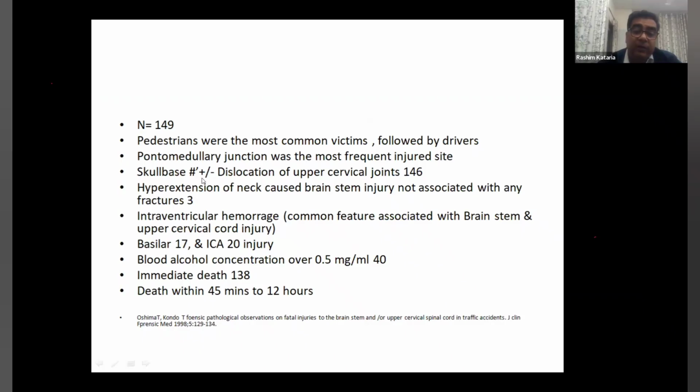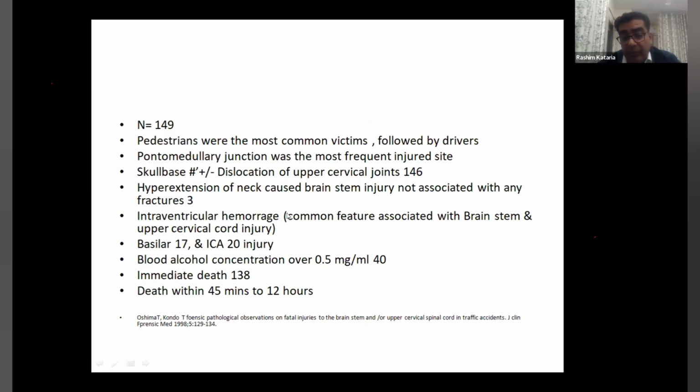Skull base fracture with or without dislocation of the upper cervical joints was seen in 146 out of 149 dead patients. Hyperextension of the neck without any fracture was there in just 3 of the cases. So out of 149, only 3 patients did not have the skull base fracture or dislocation. They had just hyperextension of the neck.